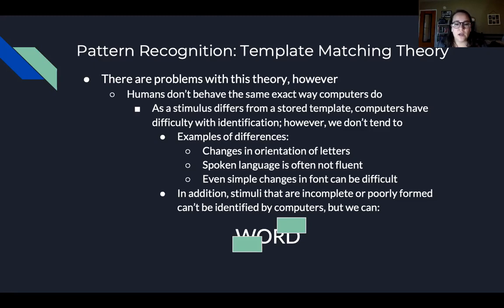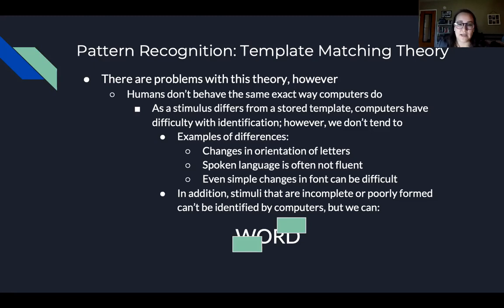And another issue, another breakdown with the template matching theory, is that this sort of idea really only works well for these isolated, complete, well-formed stimuli. And so there are difficulties explaining how we can recognize the whole of something from fragments or pieces.